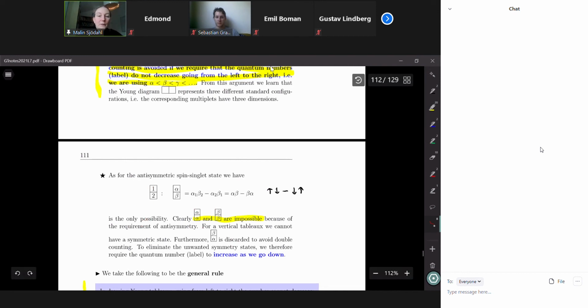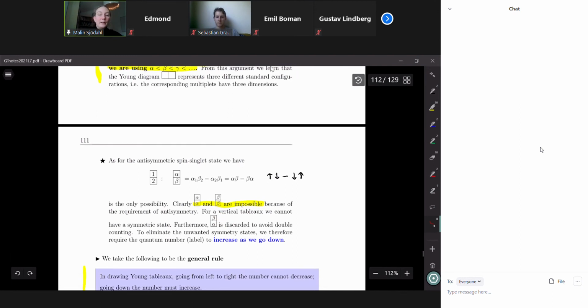That would not exclude the state beta alpha, but again, this would be excluded because it's not linearly independent compared to the state alpha beta. It's just minus that state, so that would also not count.